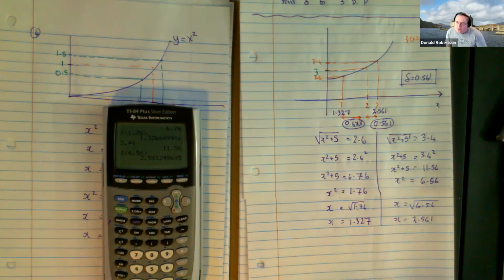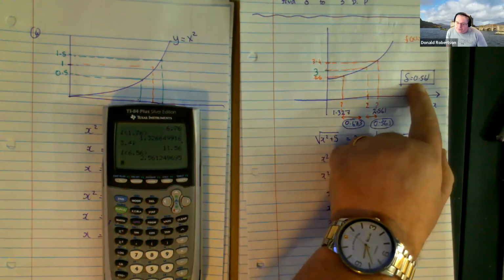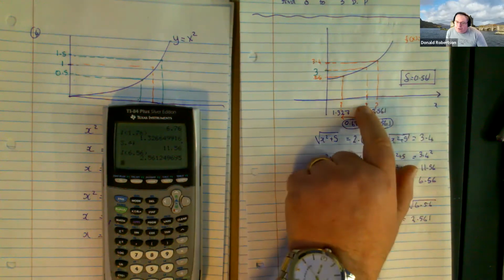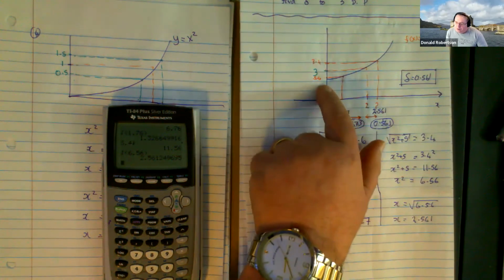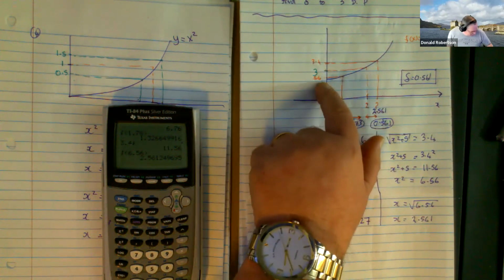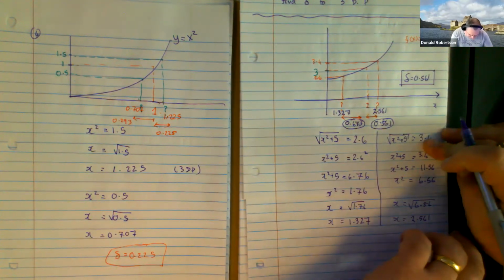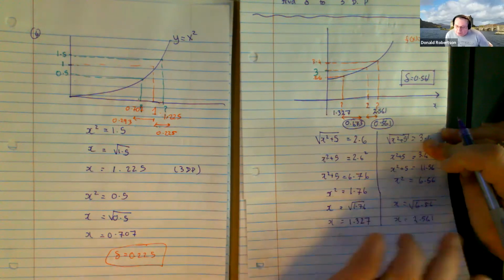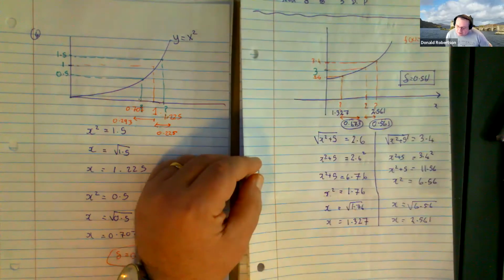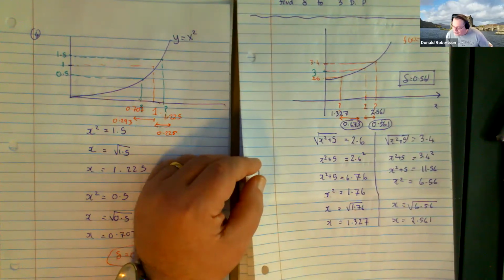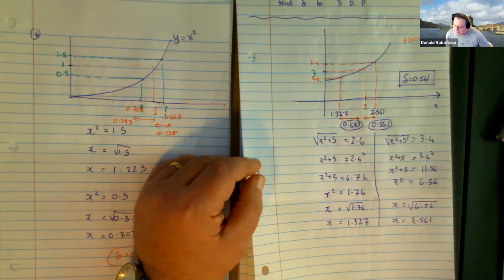So as long as you're within 0.561 of 2, your answer will be between these two extremes. I'm not sure if I can say are we good, but are you at least following the general direction of what's going on here? That we've got the same puzzle every time.